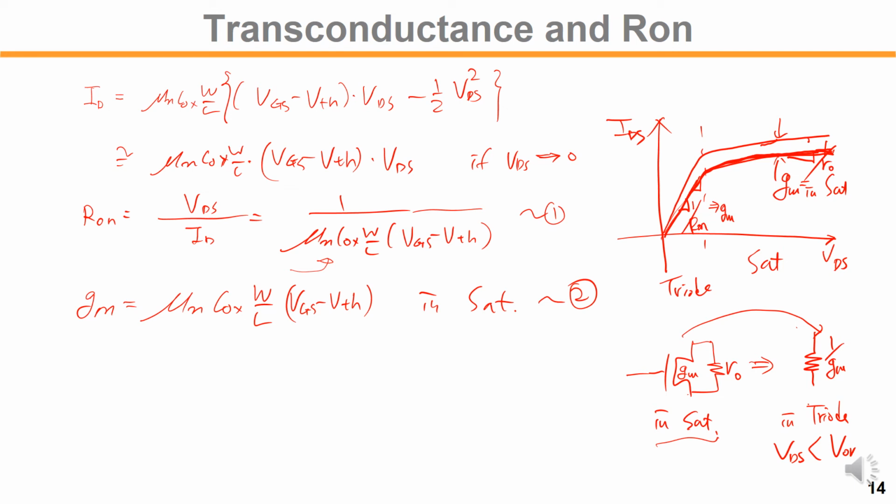So this is quite strange. At first it might look like a weird relationship, but this is a property of the square law device model that we are using, right?